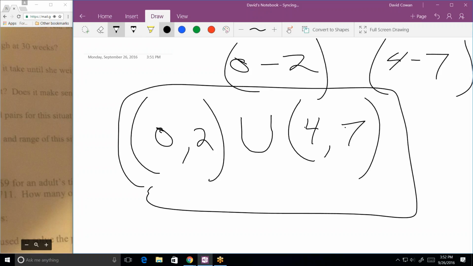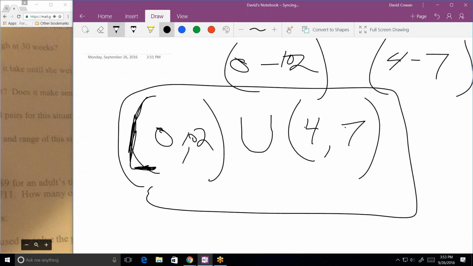We know that x can be 0, right? Why did I write 2? That's not 2, it's 102, right? We know that x can be 0. So I don't really put a parentheses on that. I put a bracket.